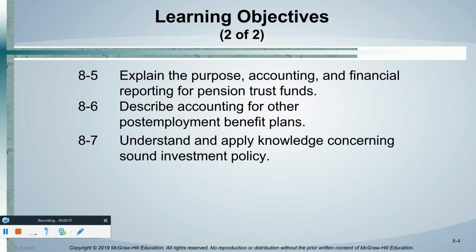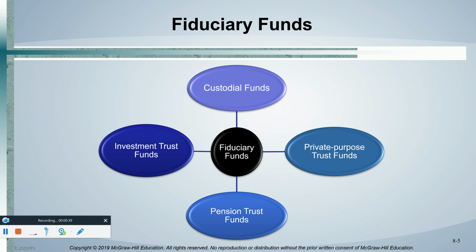There are two types of fiduciary funds. We have custodial funds and we have trust funds. And the main difference between a custodial fund and a trust fund is really timing. Custodial funds are really quick, meaning cash comes in and cash goes out. So cash comes into the custodial fund and then pretty much immediately cash is going to go out.